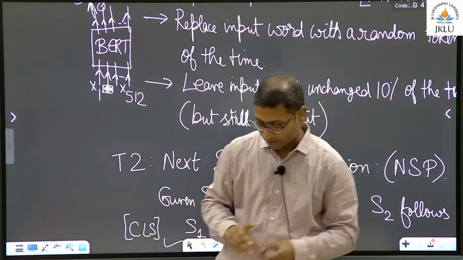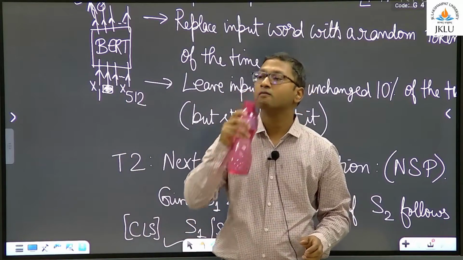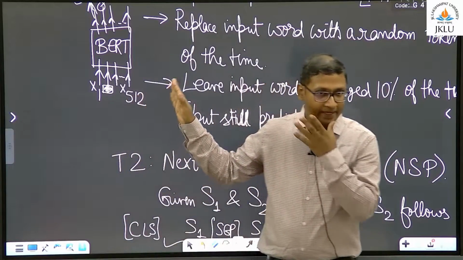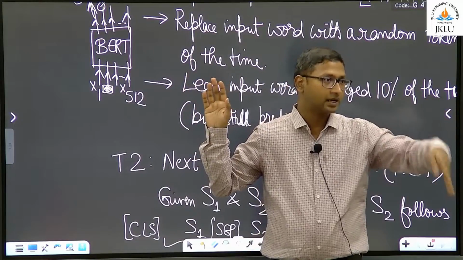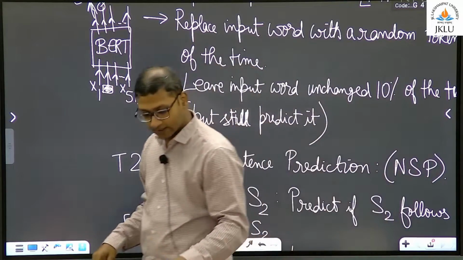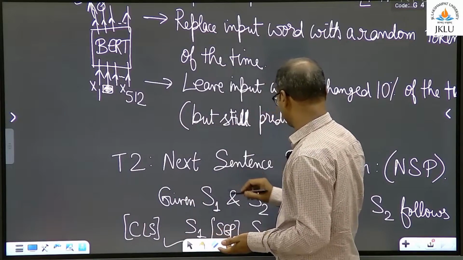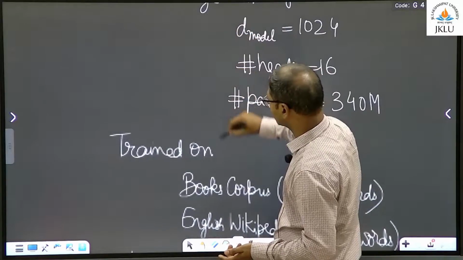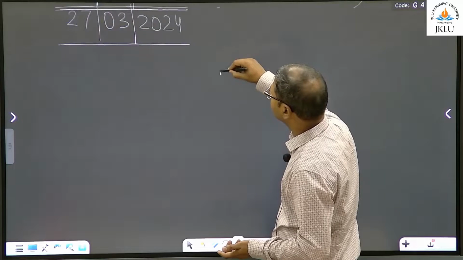What will you do in case of GPT, the OpenAI GPT? Embeddings plus positional embeddings and feed that. Okay. BERT does this thing differently. Of course, you can't be radically different because still you are supposed to give inputs, embeddings will still be there. But BERT does it a bit differently.